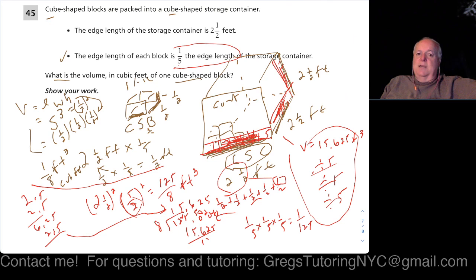And that should give us the same answer, which goes back to the original thing, which would have been the 1/8, right? The 1/8 was the original answer, which is the volume of the little cube. All right? And by the way, you guys should know your fractions as well as decimals. That's 0.125.